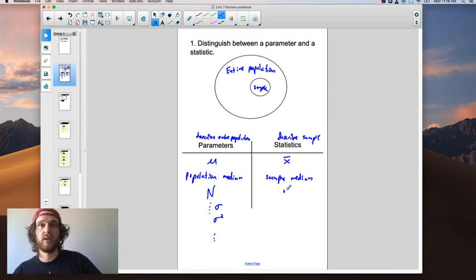Now we definitely wouldn't use the sample size to try and guess the population size because sample is always smaller. But maybe for the standard deviation, we would use the sample standard deviation or the sample variance to guess the variance. So these are all statistics. These are all parameters.